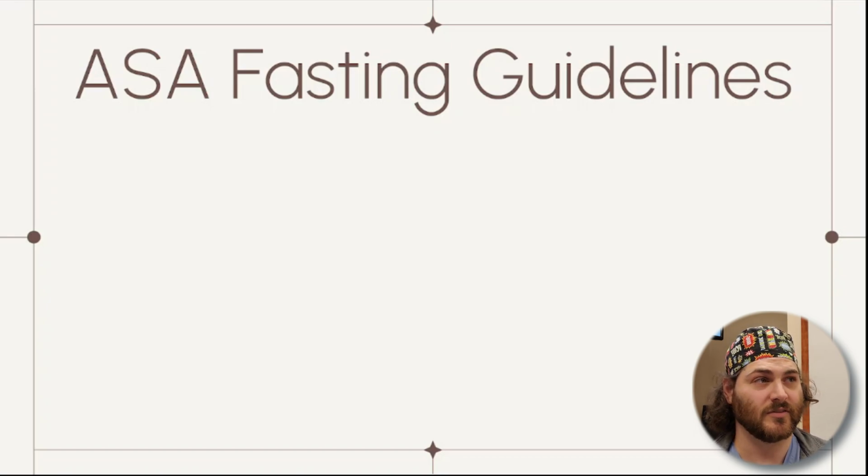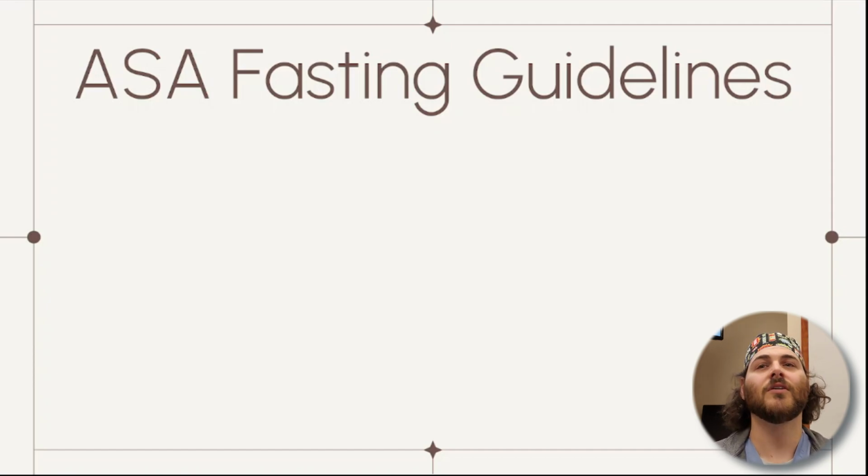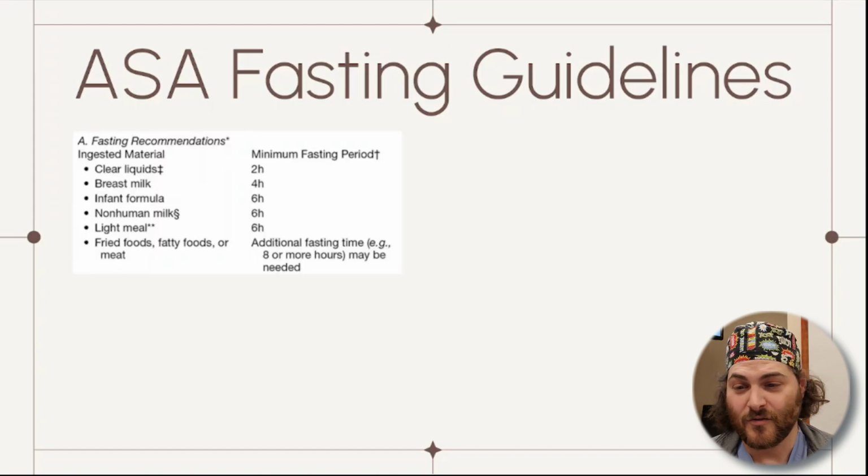What about clear liquids? 2. What about a little kid who's getting baby formula? 6. Jess is good at this. What about breast milk? Same thing, 6? It's actually 4. For whatever reason, breast milk cruises on through the body for little kids.